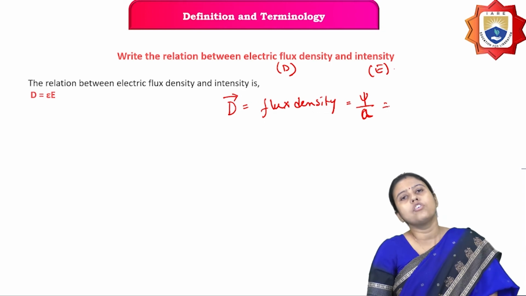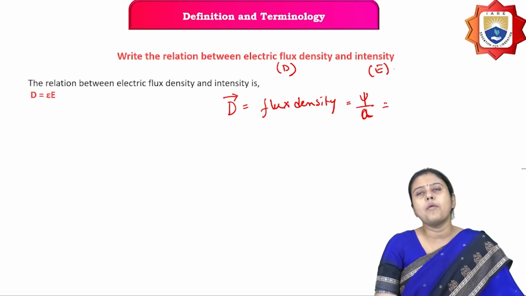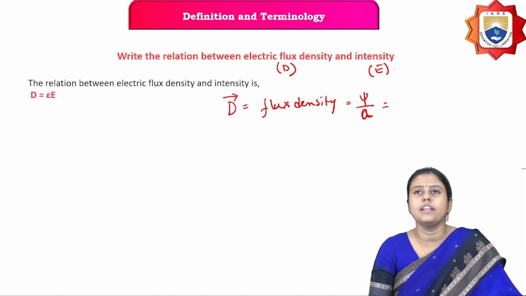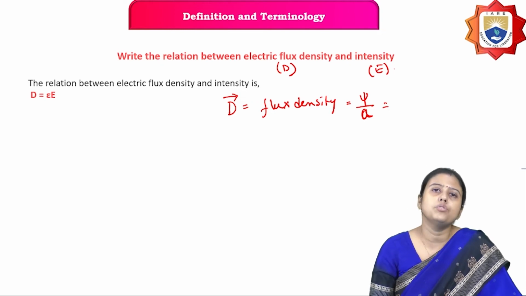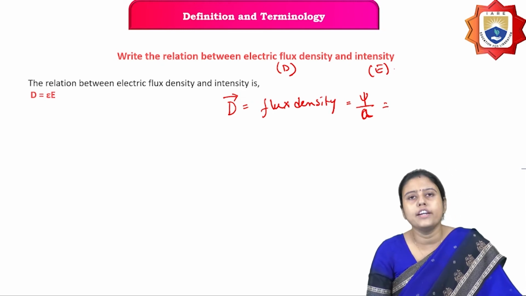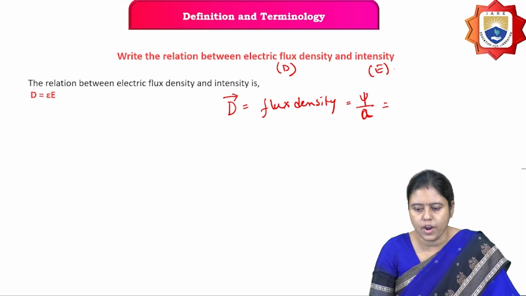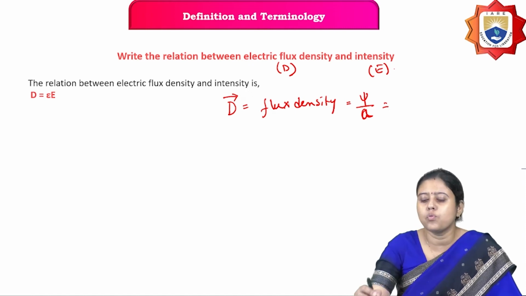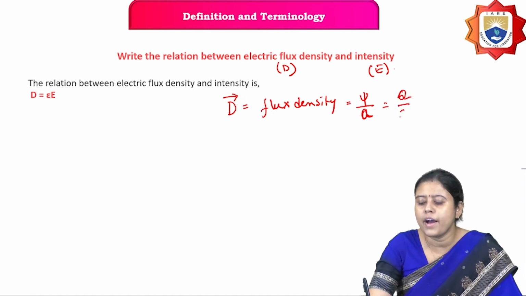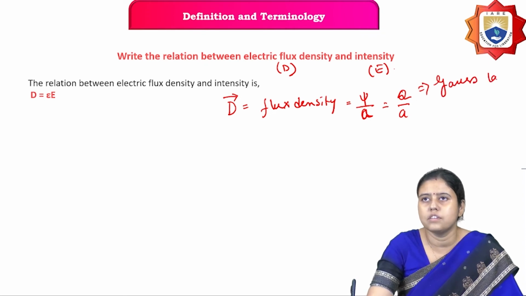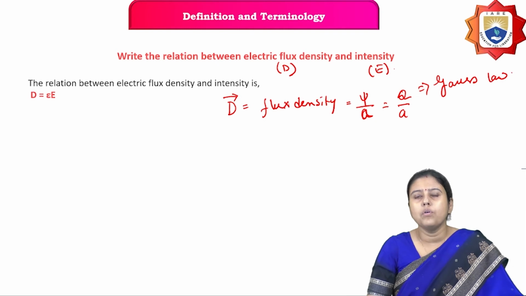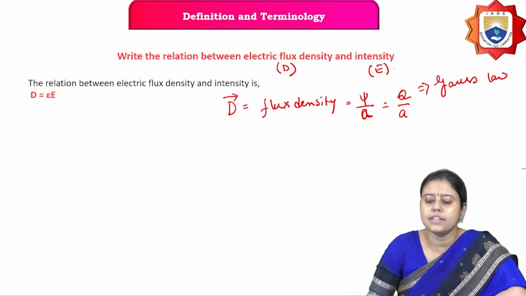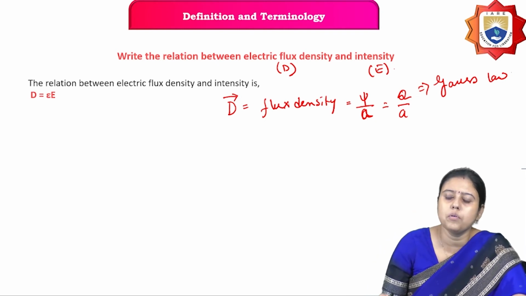Now, according to the Gauss law, the number of electric lines of force, or electric flux, equals the charge enclosed, already we know from unit 1. So psi is equal to Q, and D is equal to Q by A.